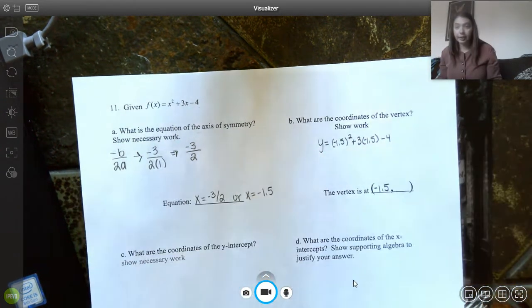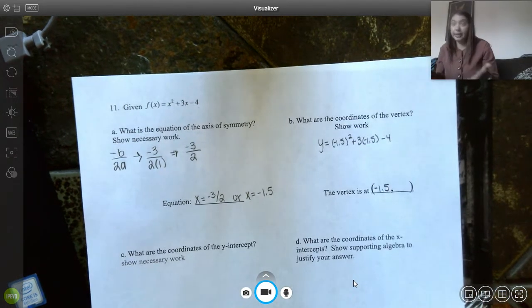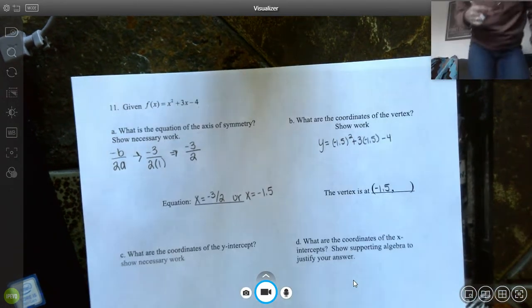So let me go get my calculator. This is a perfect example of where we can use our calculator for this.